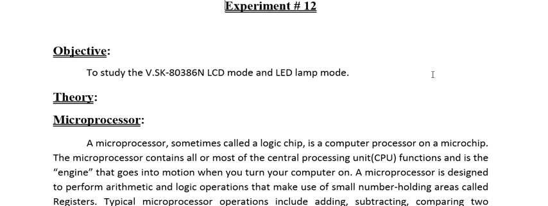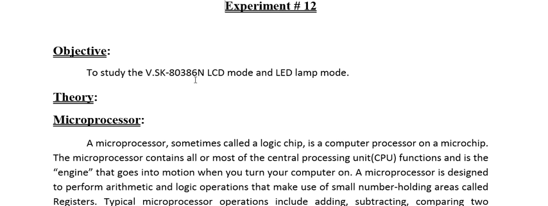Bismillahirrahmanirrahim. Our today's objective is to perform experiment number 12, which is to study the V.SK-80386 and LCD mode and LED lamp mode. V.SK-80386 is the model number of the trainer on which we're going to perform LCD mode and LED lamp mode.